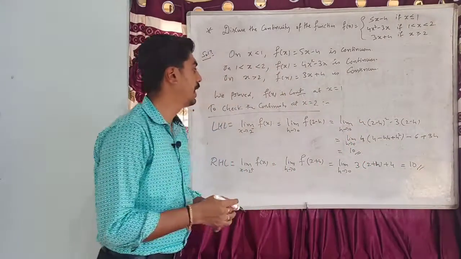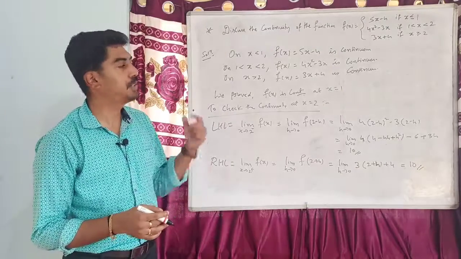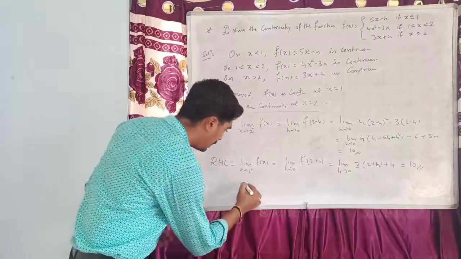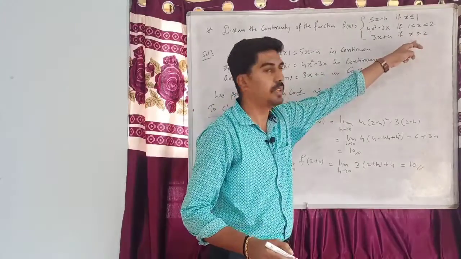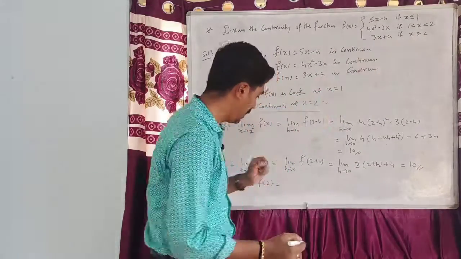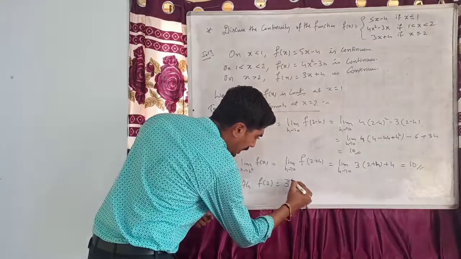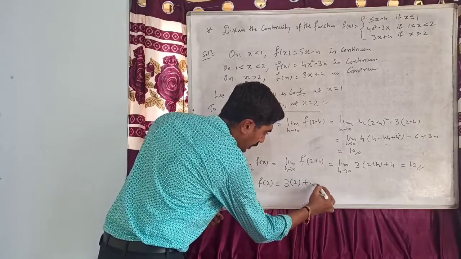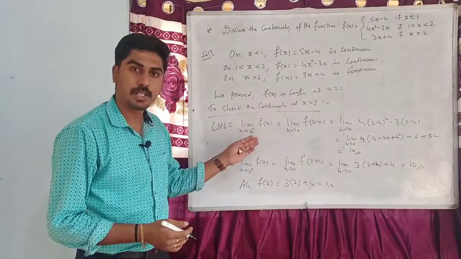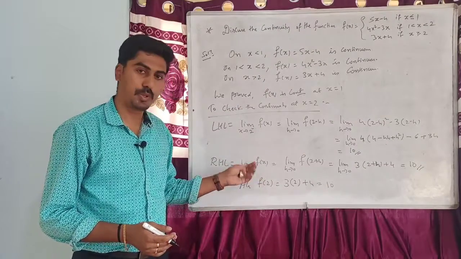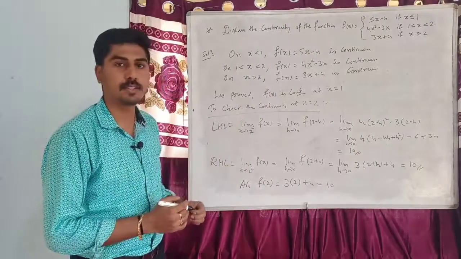Okay. Now let us find out the value of this function at x equal to 2. At x equal to 2, the function is defined as 3x plus 4. So this is equal to 3 into 2 plus 4, which is again equal to 10. Since LHL equal to RHL equal to f of 2, the function is continuous at x equal to 2.